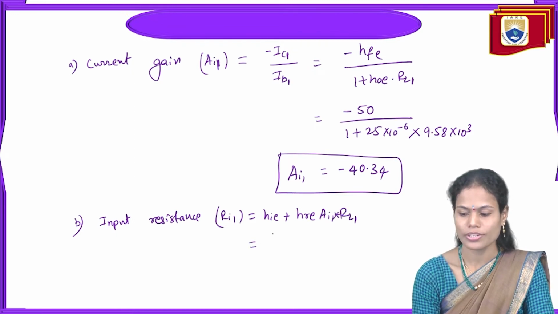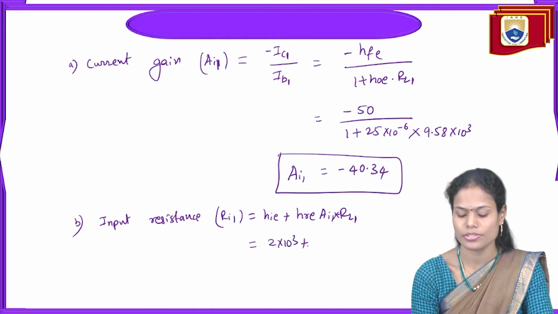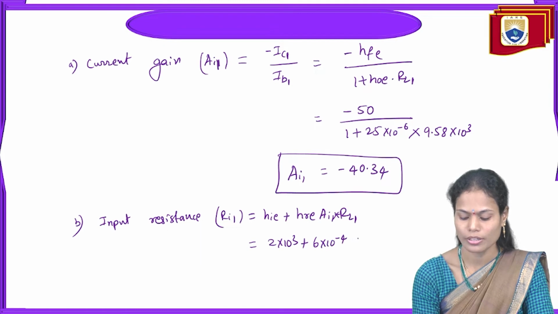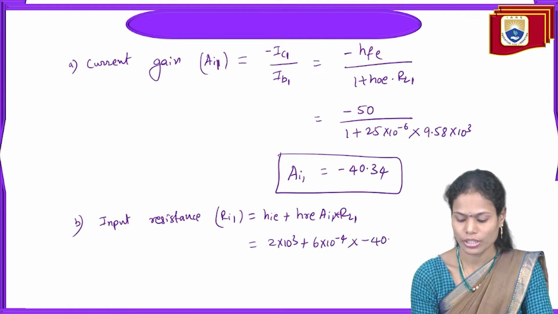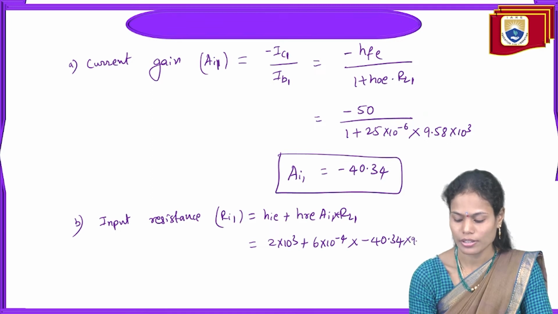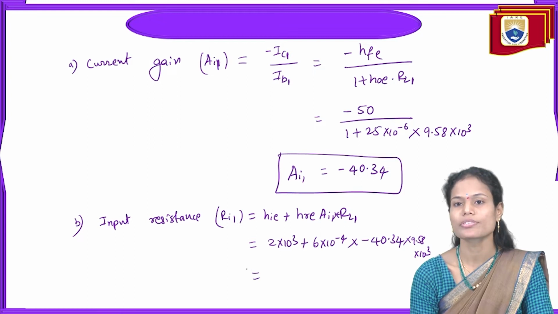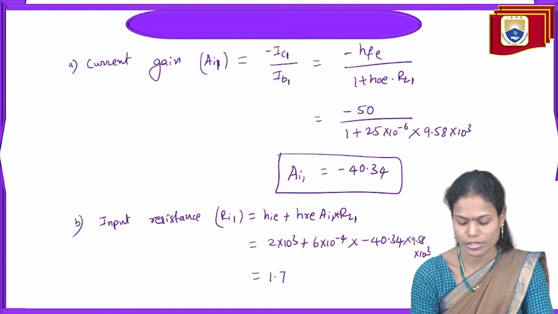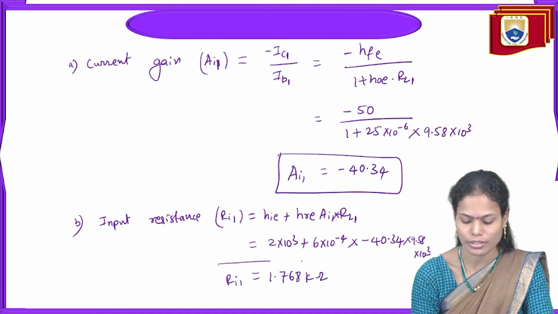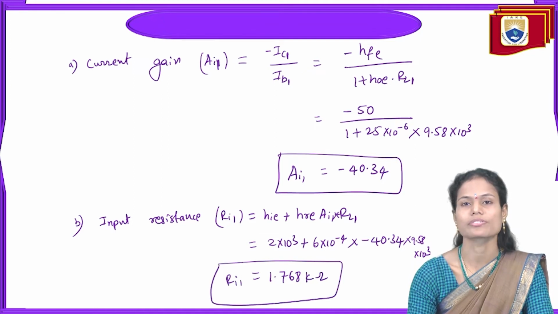HIE value is given as 2 kilo ohms and HRE is 6 into 10 power minus 4, AI1 is minus 40.34 and RL1 is 9.58 into 10 power 3. After simplification, we will get this value as 1.768 kilo ohms. So this is the input resistance of the first stage.